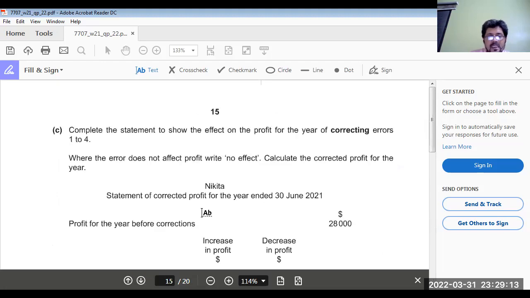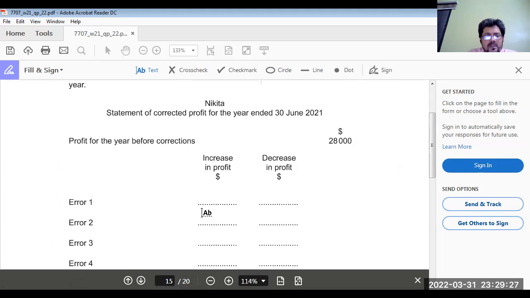What next? Complete the statement to show the effect on the profit for each of correcting errors. Where the error does not affect profit, write no effect. Calculate the correct profit for the year. Now, profit for the year before corrections, 28,000.